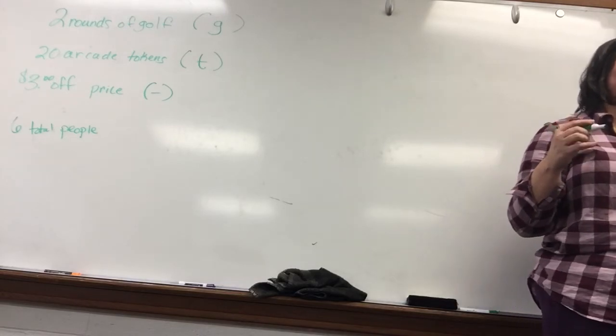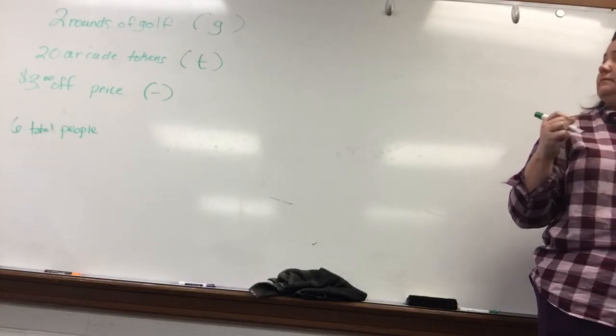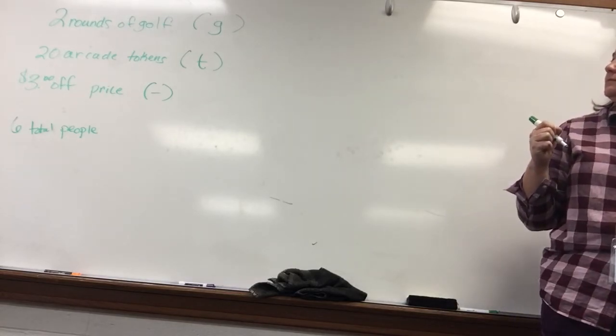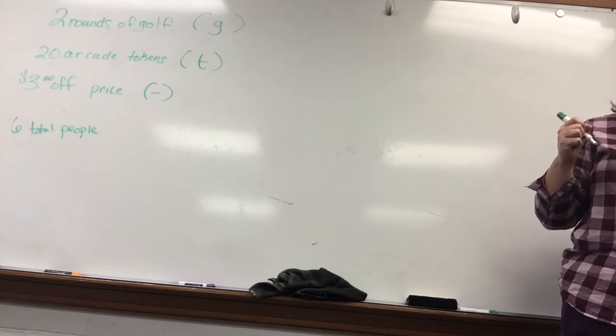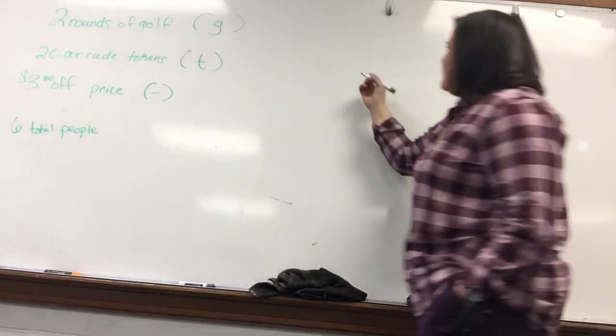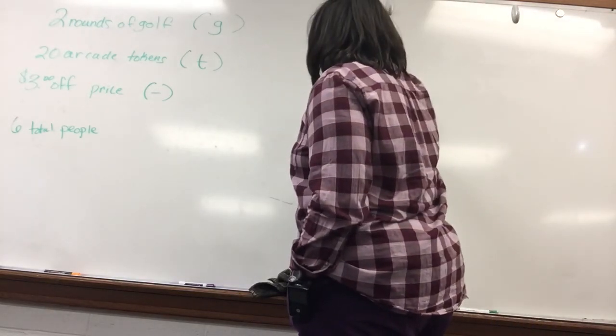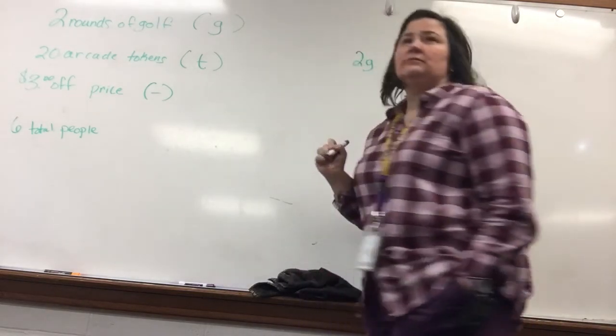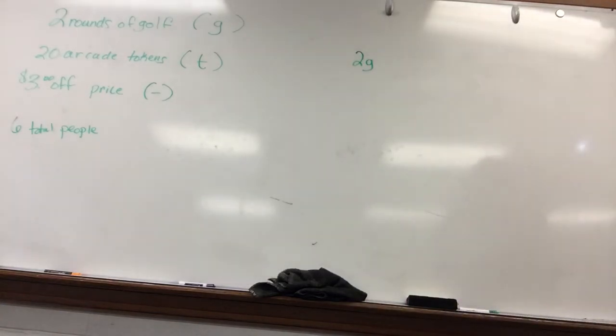Trevor? Probably G minus T. Well, how many G's do we have, Trevor? 2. Okay, so I'm going to start with 2G. Okay? How many, so we know what's next, Bradley? Minus 20t.